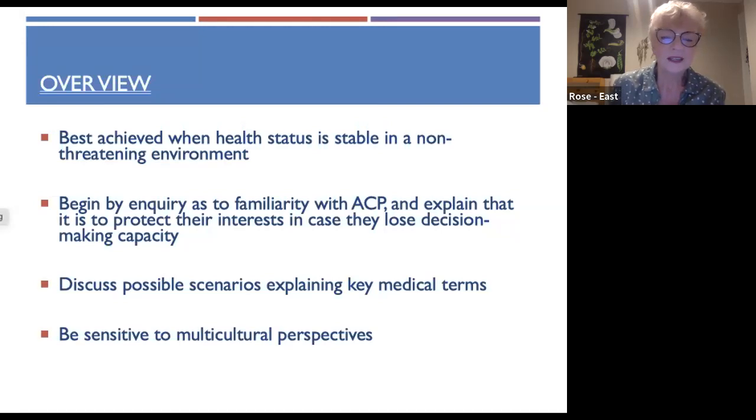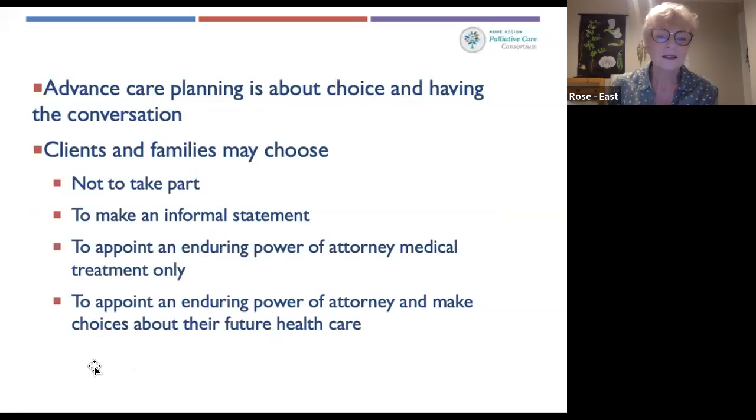It's really good to have these discussions often and make it part of the normal day-to-day discussions that you have with them. Take cultural perspectives into account. And the main thrust is that it increases choice and improves outcomes at the end of life. And who doesn't want that?